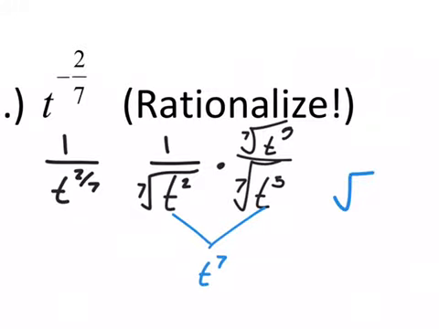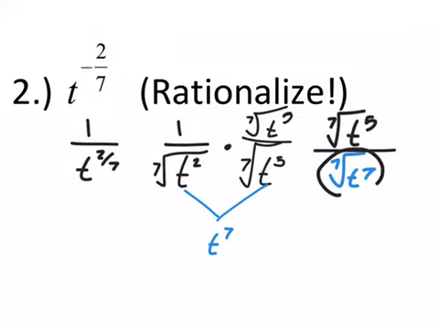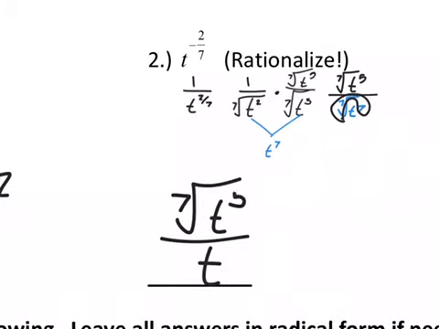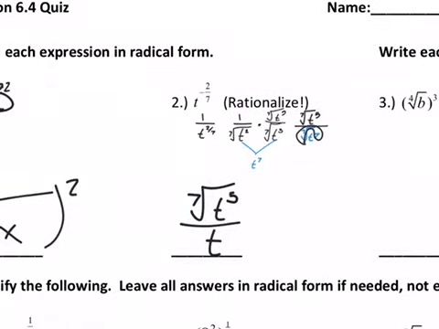So now in the denominator, we've got the 7th root, t to the 7th. In our numerator, when we multiply these straight across, we just have the 7th root of t to the 5th power. Now, 7th root of t to the 7th power is just a t. So this would be t on the denominator with this up top.